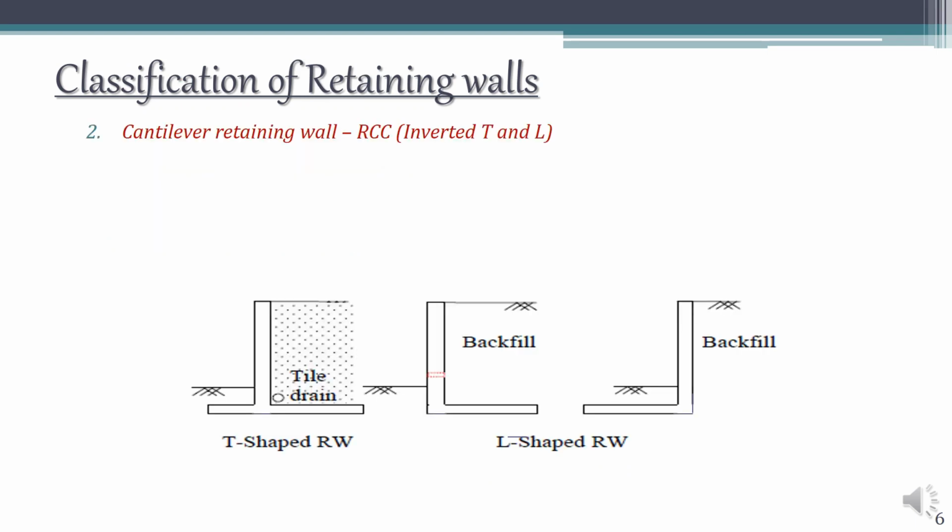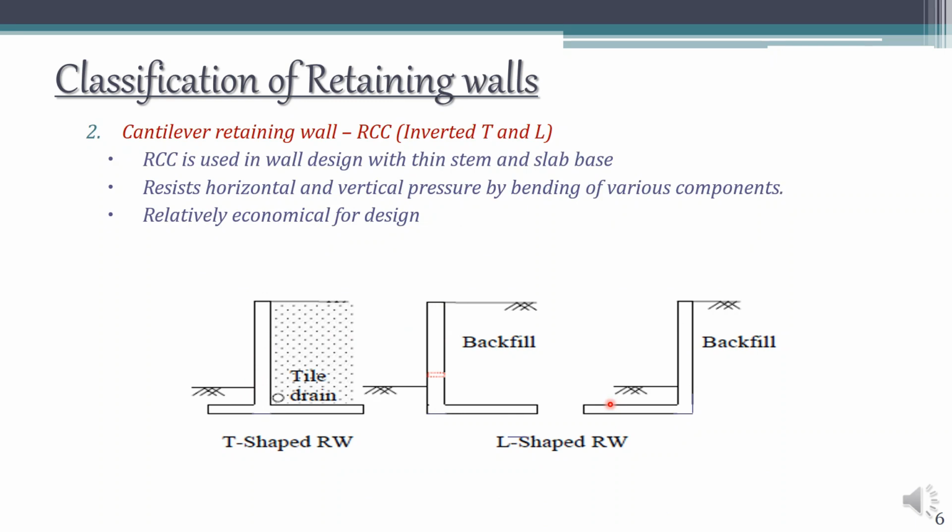The second type of retaining walls are cantilever retaining walls, which are the most commonly used retaining walls. These are made out of RCC, and the common shape is either an inverted T, or sometimes an L-shaped cantilever.